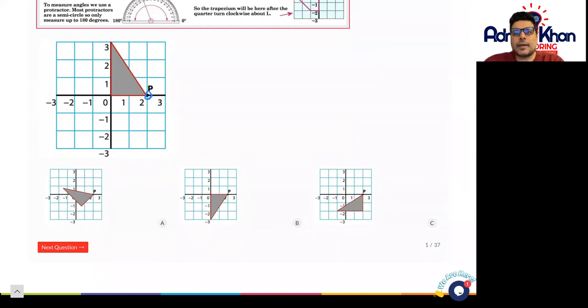So this shape here that you can see has to rotate to the left by just 90 degrees. That means that this P here will stay where it is, but these points are going to come down here 90 degrees.